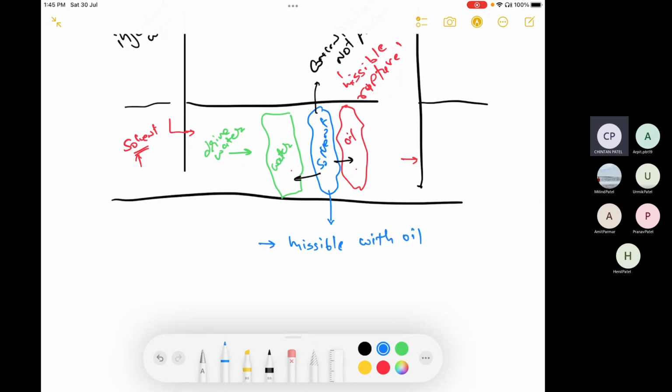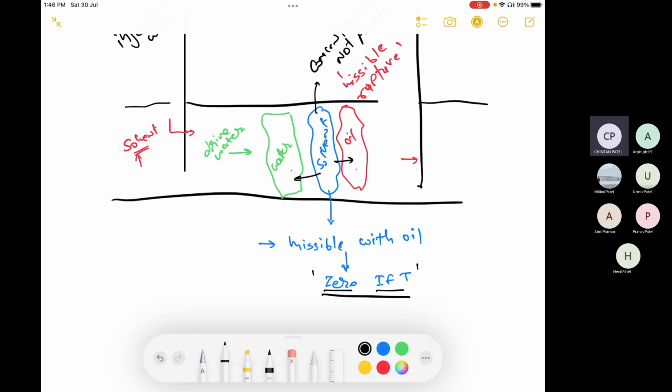And what happens if this is miscible with oil? It will make the interfacial tension zero. This we already know, because if two phases are not distinguished, if they are in a single phase, then there is zero interfacial tension.